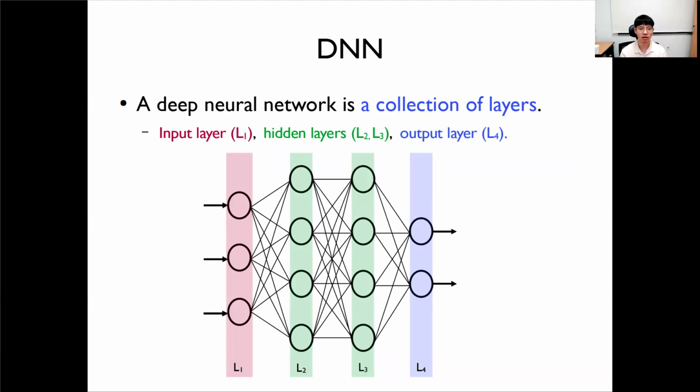And the output layer means the last layer of the deep neural network. And all the layers between the input layer and the output layer are called hidden layers. So this fully connected neural network consists of 4 layers, containing 2 hidden layers.